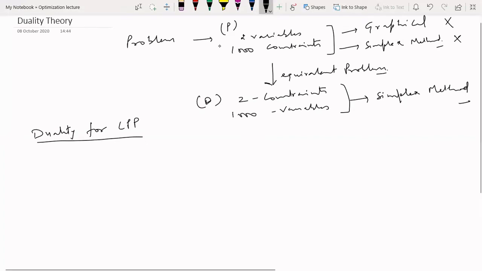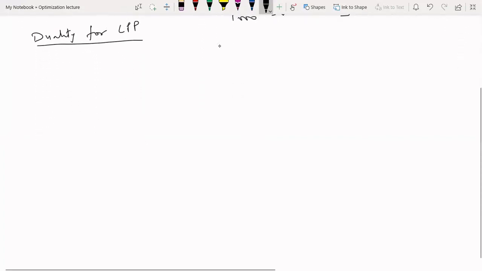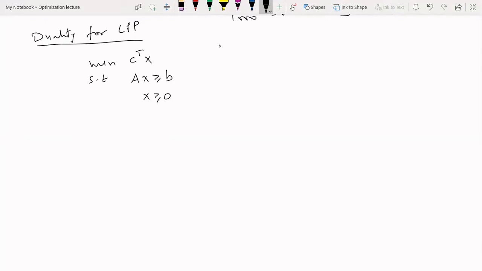For this purpose, we first consider a primal problem of the form: minimize C transpose X subject to AX greater than or equal to B, X greater than or equal to 0.